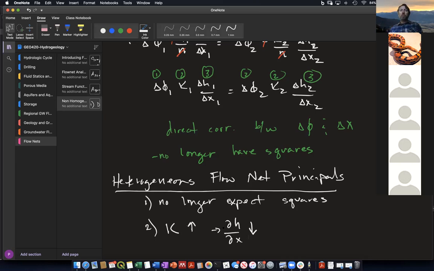If our discharge within a stream tube remains constant and we have constant spacing stream tubes, then we have to increase the head gradient in order to maintain the same discharge if our hydraulic conductivity goes down. So if we keep the spacing constant, if this goes down, then this one has to go up, or vice versa. If this one goes up, then this one has to go down, if we keep these two constant.